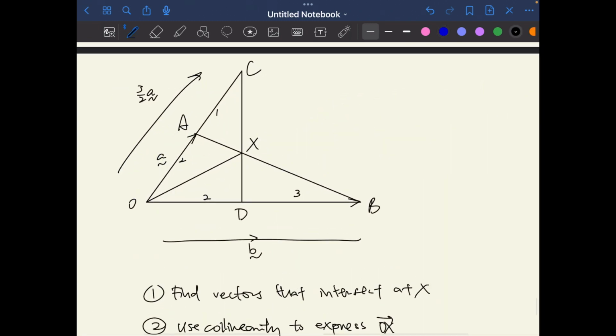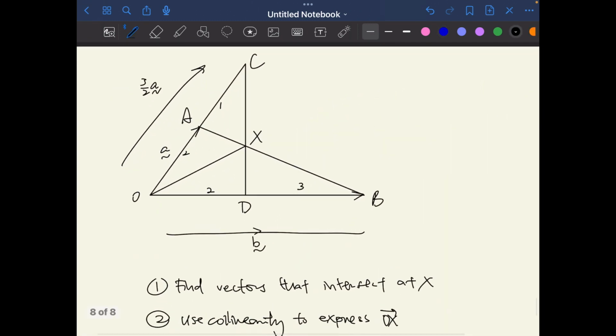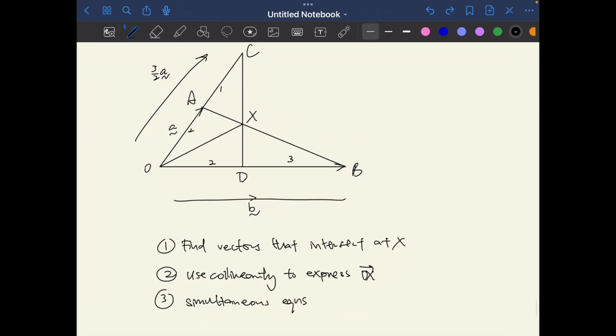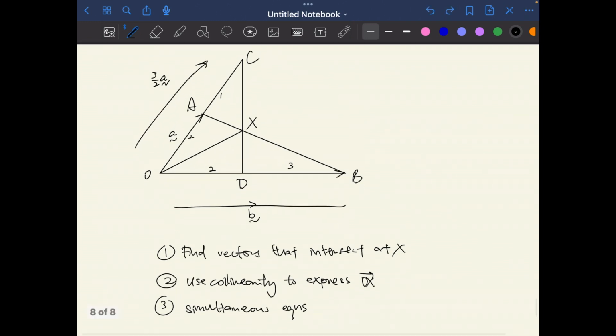Okay, this is a very popular question about collinearity. The question tells you that X is a point of intersection of AB and CD. Then they want you to find vector OX. The standard procedure for this kind of question is to firstly find the vectors that intersect at X. They tell you the vectors that intersect are vectors AB and CD.